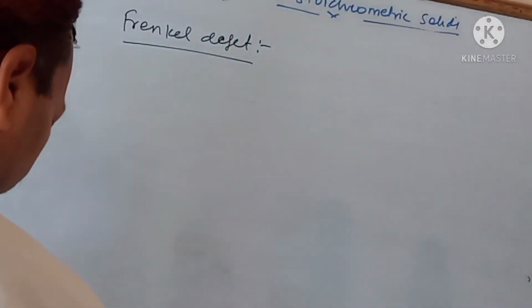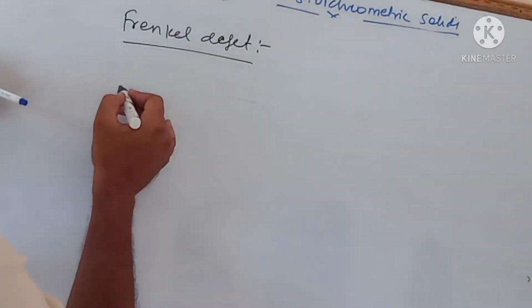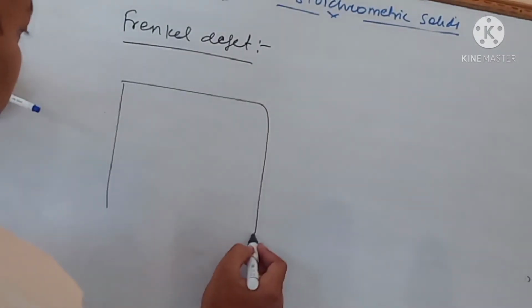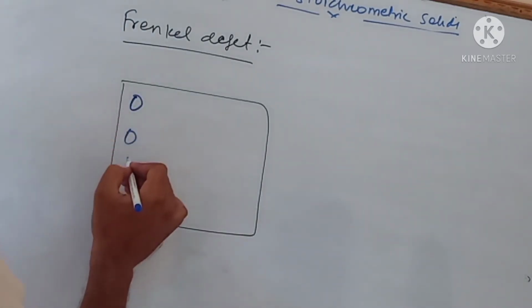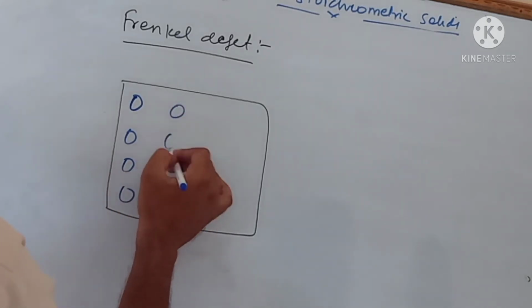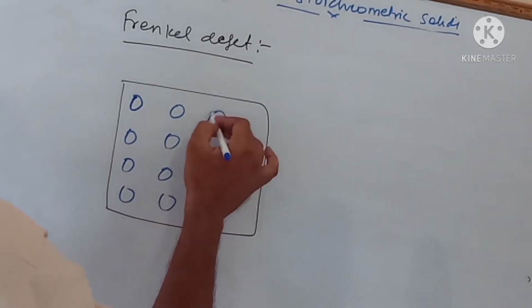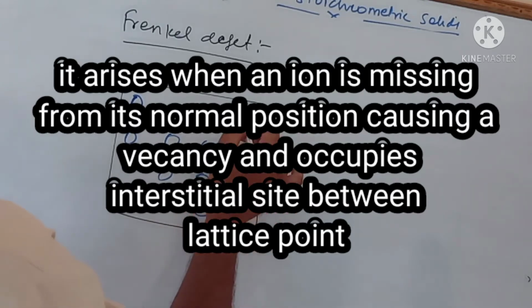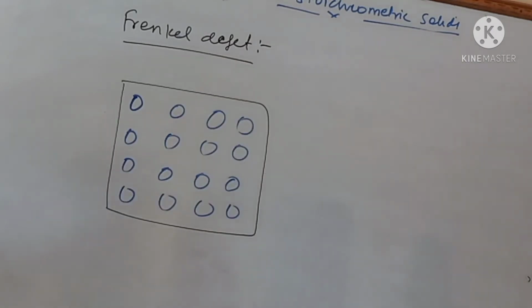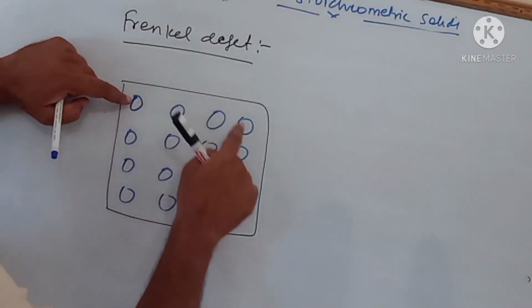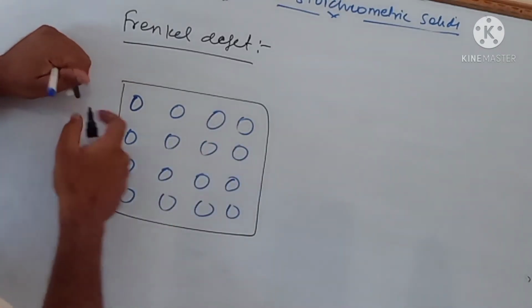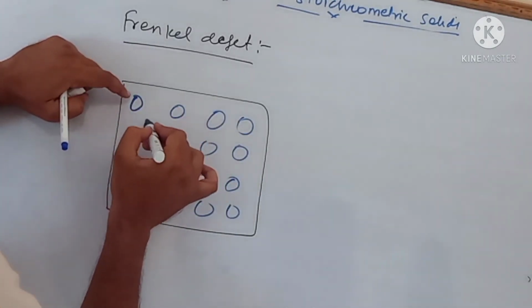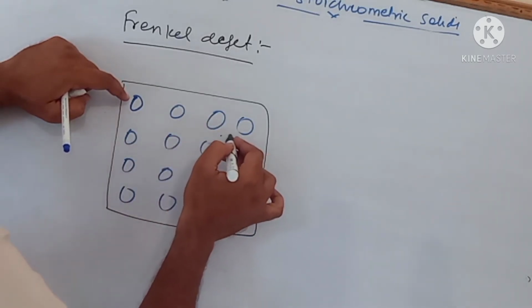The first point, same. So these are the constituent particles, a completely ordered arrangement of constituent particles. Now this is known as an interstitial site.